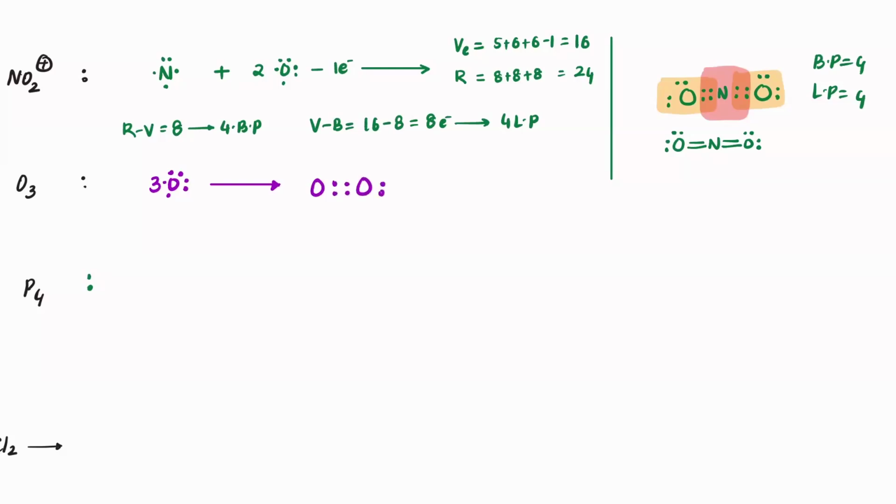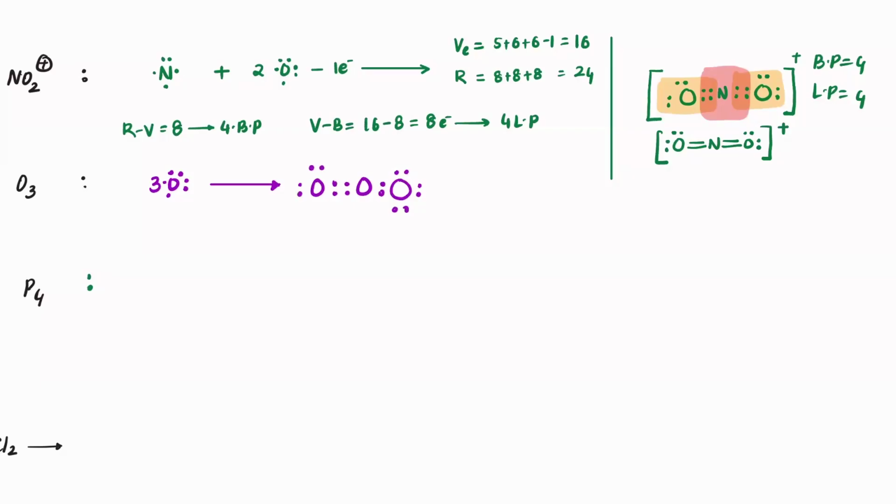Listen, I forgot to mention that plus charge here. Sorry. So here, in total we had one plus charge. So you can write it this way with plus charge. Okay. So then we have O, and then we have 3 lone pairs here and 2 lone pairs here.